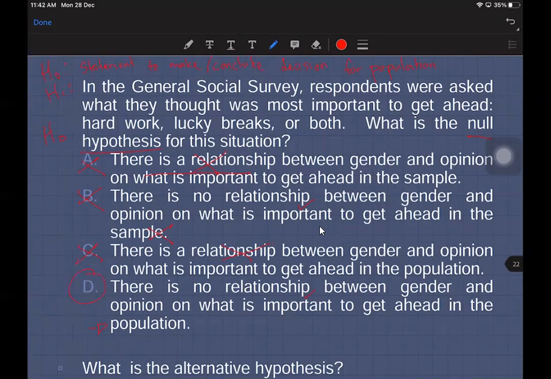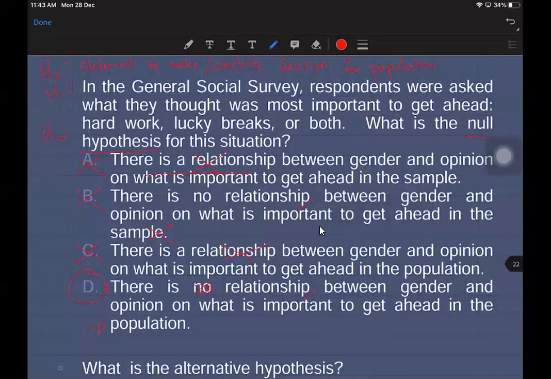Okay, the other question here: what is the alternative hypothesis? Let's say this D is no relationship. The alternative will be, you just delete this. If you delete this, there is a relationship.